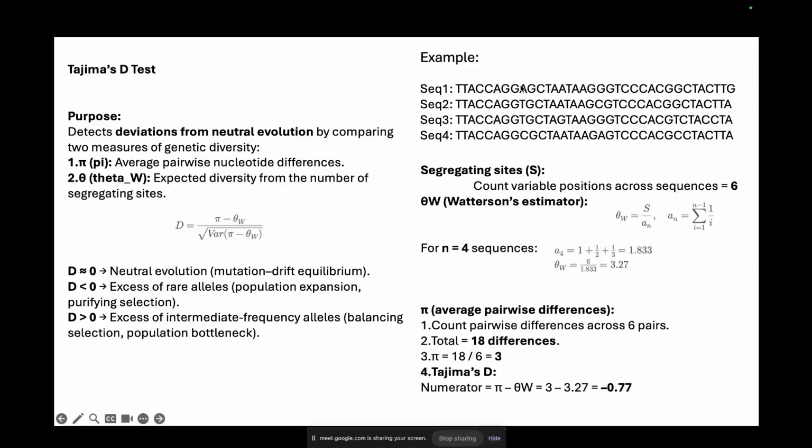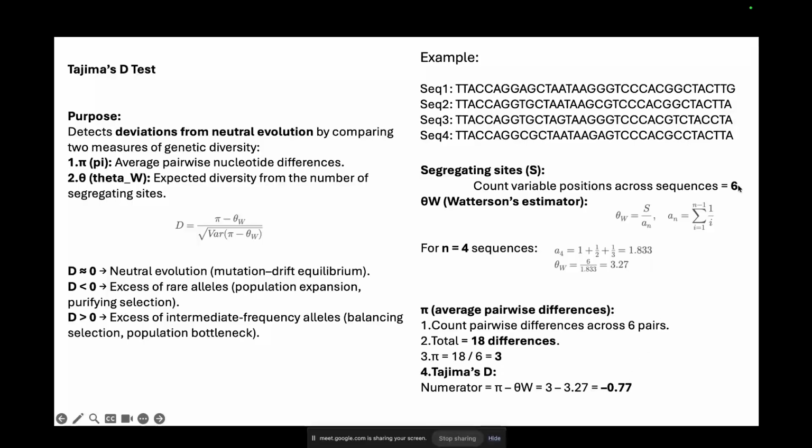I can see one here, one here, two, this is three, and this is four, this is five, and last one six. So there are six variable positions across the sequences.